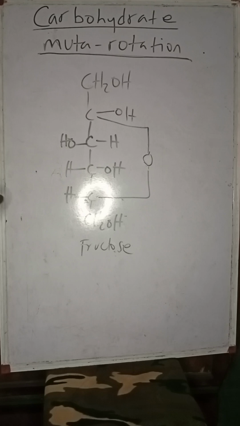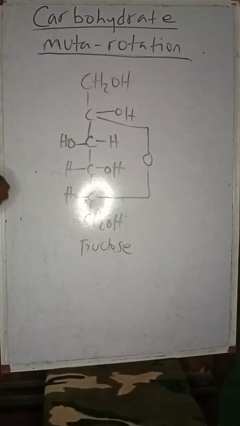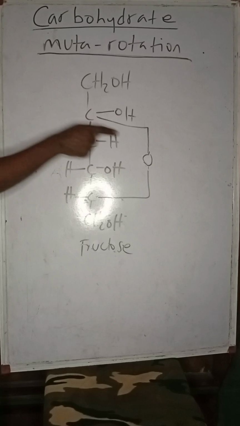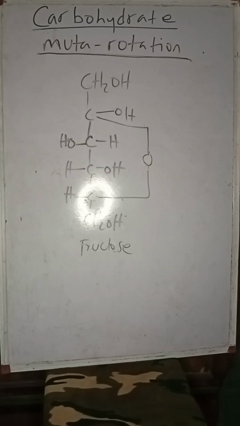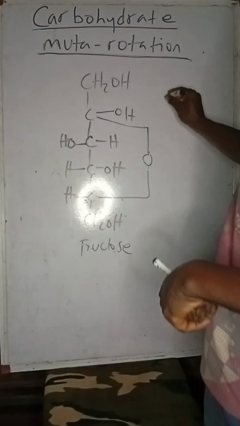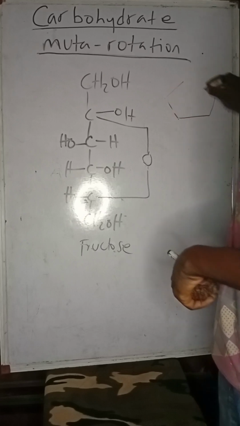So at the end of the day, fructose, which is a keto hexose, will form a 5-member ring structure. Why is it a 5-member ring? So this is 1, 2, 3, 4, 5. A 5-member ring. And that 5-member ring structure for fructose is like furan, something like this.